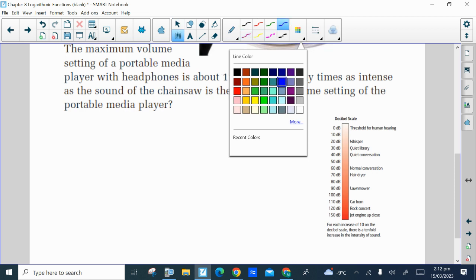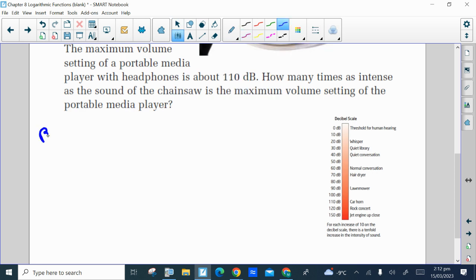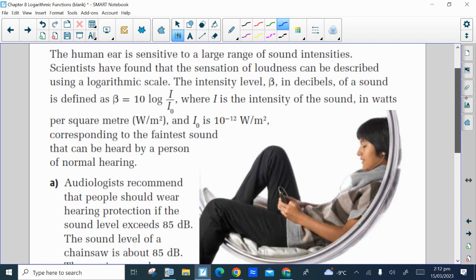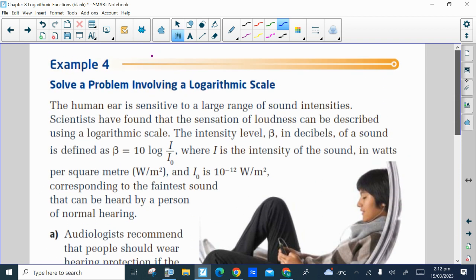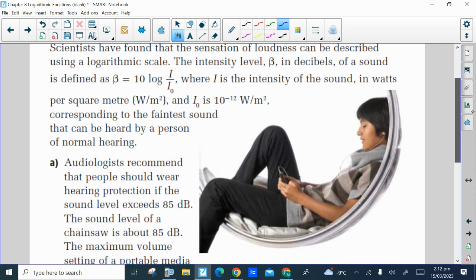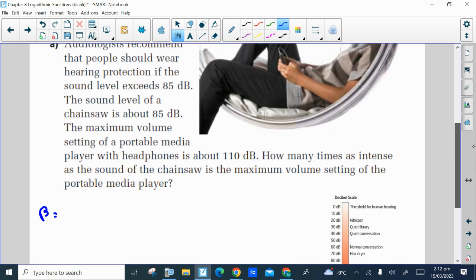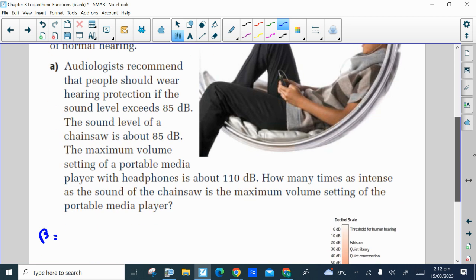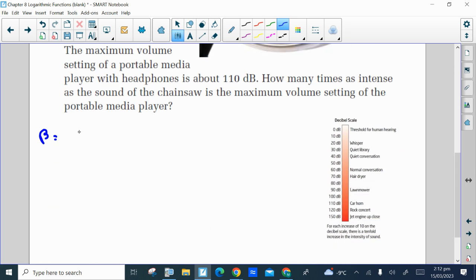We are told at the top that beta, which refers to the intensity level of the sound in decibels, can be found by going 10 times the log of I over I sub 0.